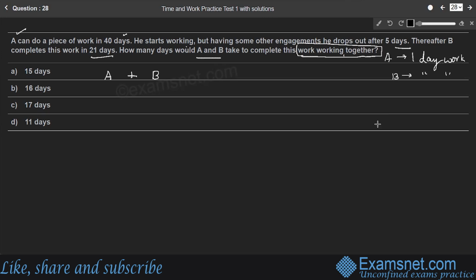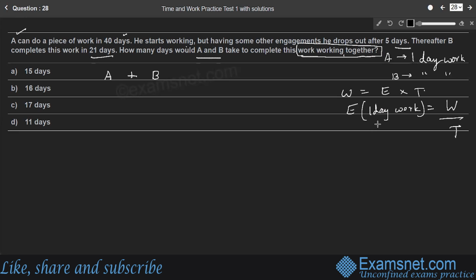In scientific terms, we call it efficiency, since we all know that work is equal to efficiency into time, as we have discussed in the previous questions. Efficiency here is nothing but 1 day work, which is always total work W by time taken to complete that work, right?